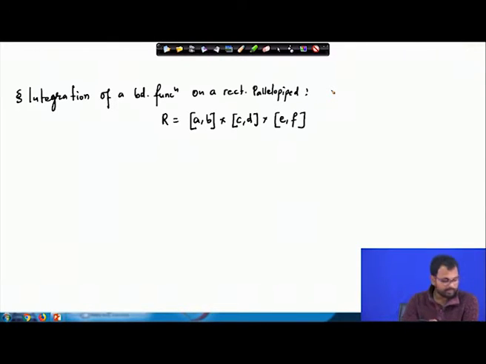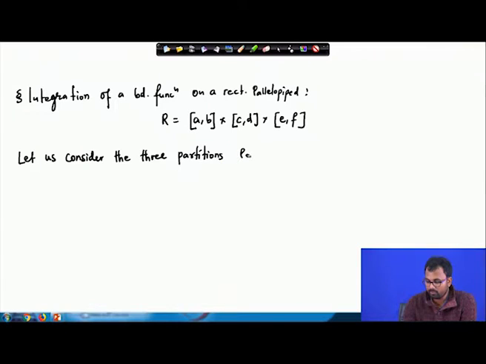All right. And let us consider the three partitions, say P0, P1 and P2, such that we have P0 equals to x0 equals to a less than x1 less than x2 up to less than xn minus 1 less than xn equals to b.